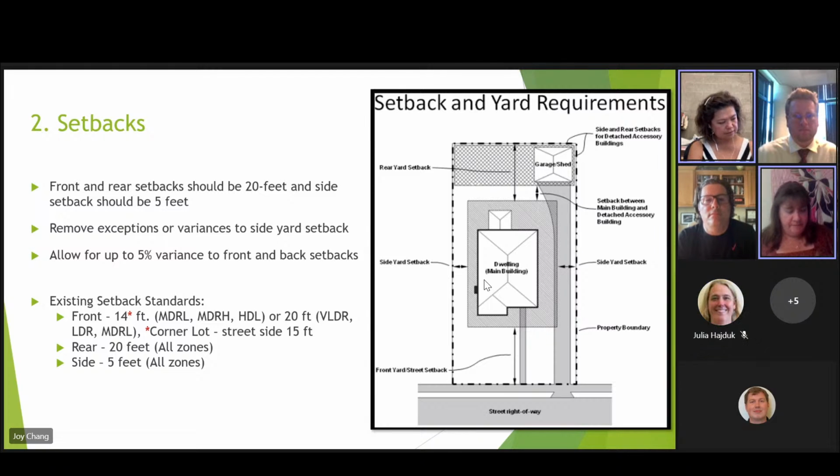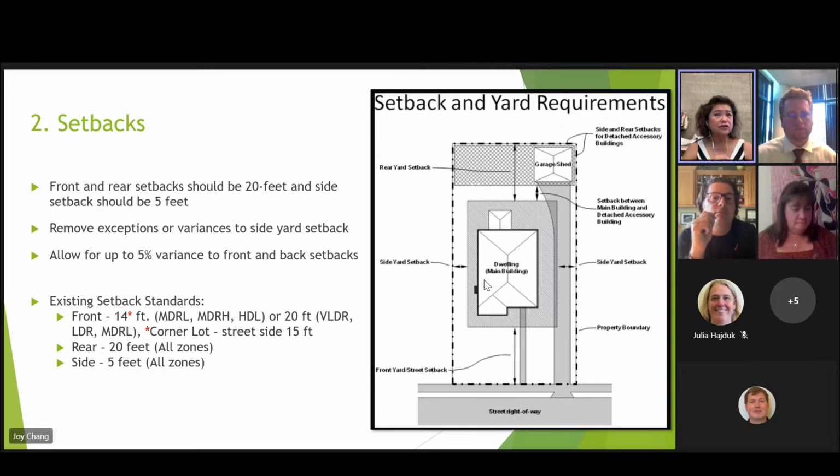Right. Okay, I have it in front of me, and I had circled that as a question. So, okay, thank you. Okay, so it's something for you guys to consider in regards to city council's direction in regards to requiring the standards as they are, as far as 20 feet and 5 feet, but also limiting variances.